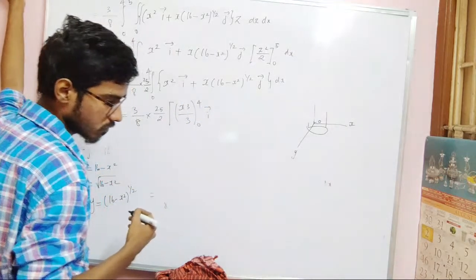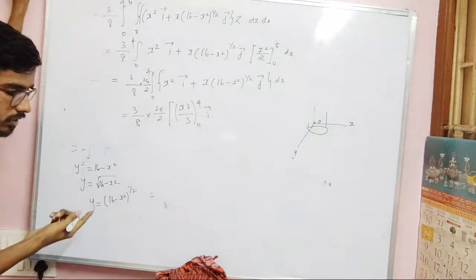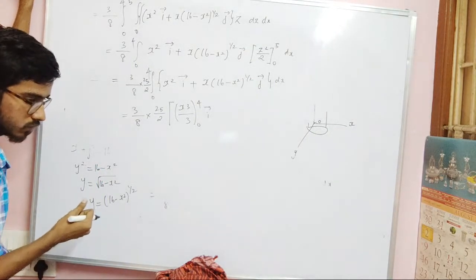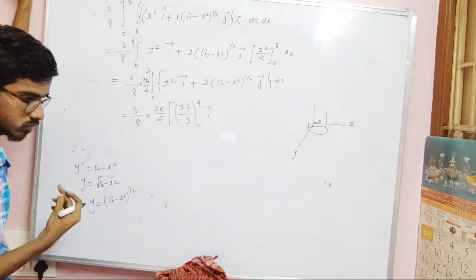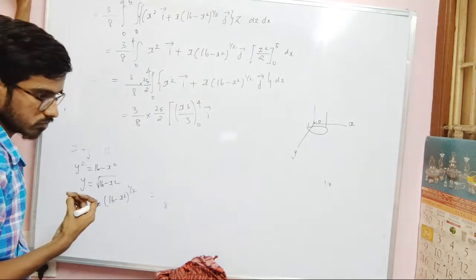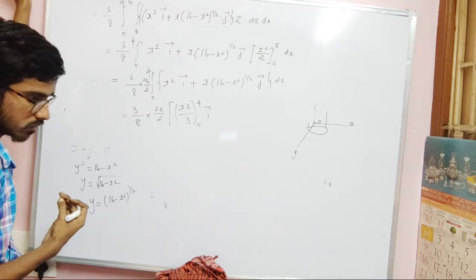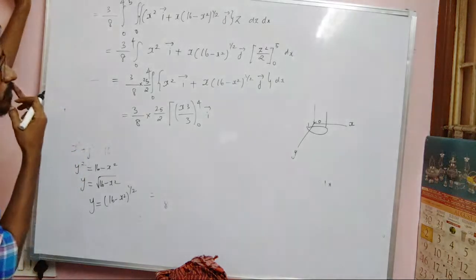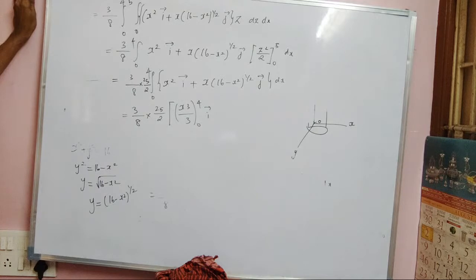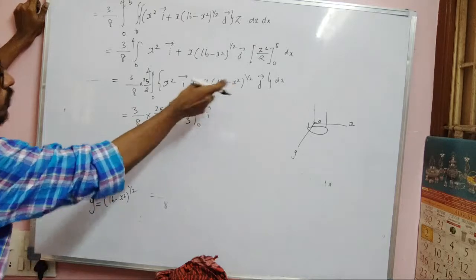Now here again I need to apply uv, because uv minus integral v du is what I need to do here, because we have x here. Yes, you need to apply uv here.